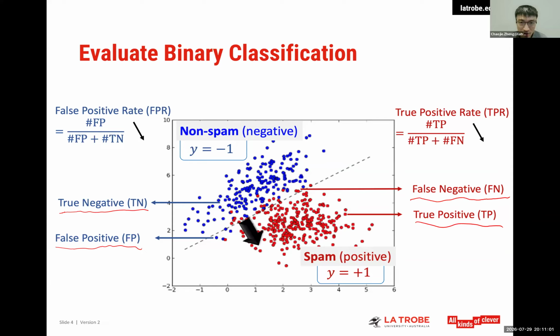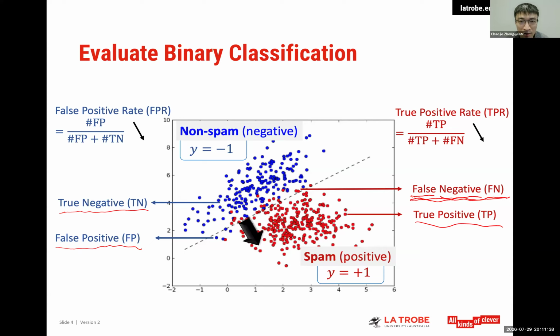All these four terms count different cases. False negative refers to a negative prediction that is wrong. That means the data point was a positive sample, but the model predicted it as negative, so this prediction is wrong.